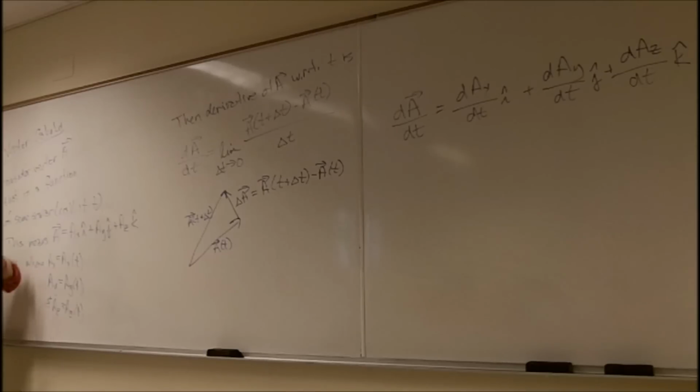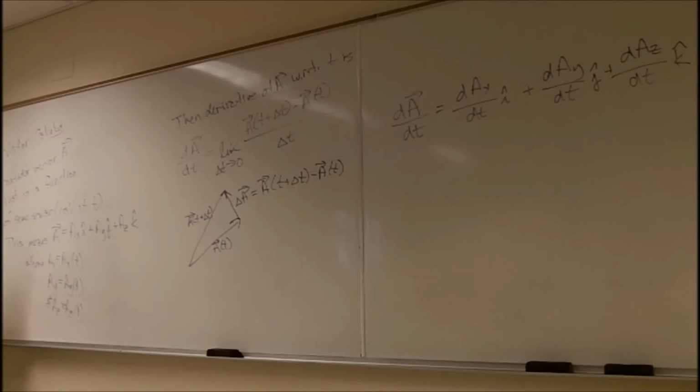That term we can leave out because i hat doesn't depend on t. The direction of the x-axis, which is the direction of the i hat unit vector, does not change with time. It's always pointing in the same direction. And certainly the magnitude of the i hat unit vector doesn't change with time. It's always 1 because it's a unit vector.